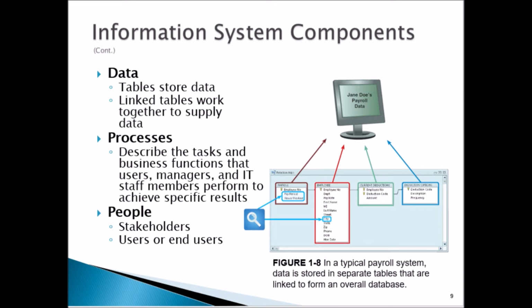Oftentimes they'll have an operator who is strictly in charge of running these processes under the direction of IT staff members, managers, and so on. And the people are the stakeholders. That could mean an investor, a shareholder, or an employee. Anybody who has a stake in the business is part of the information system, and that obviously includes users and end users.